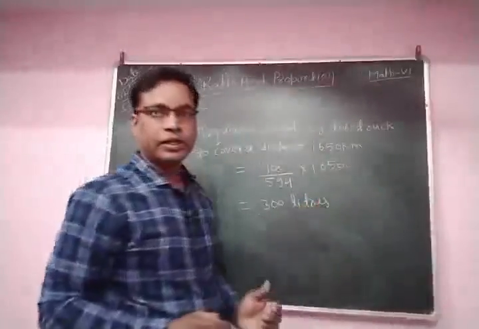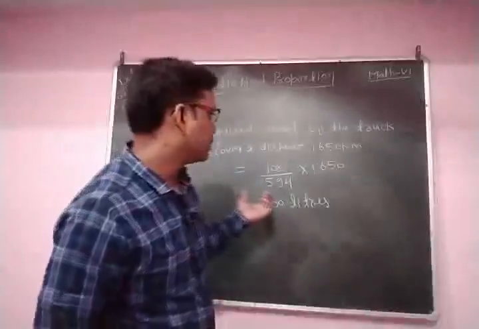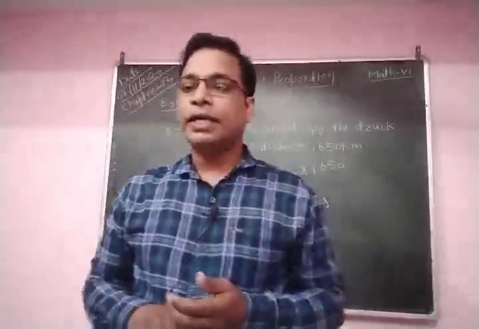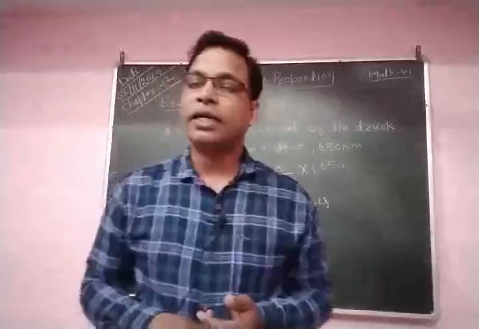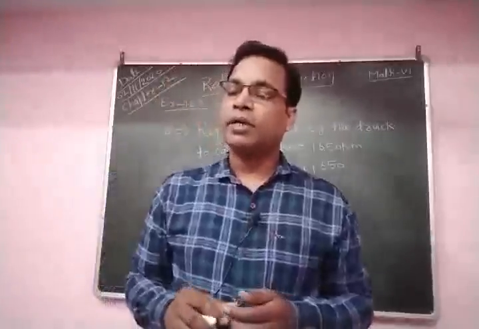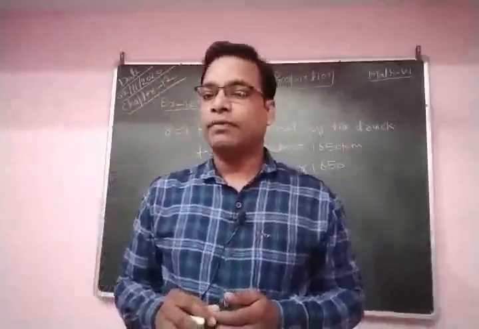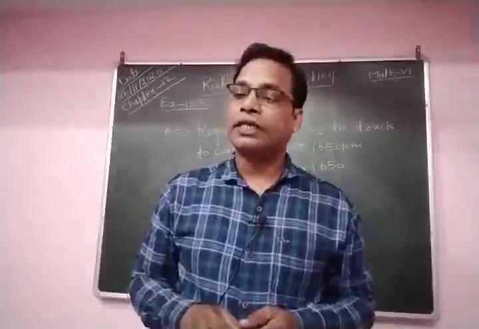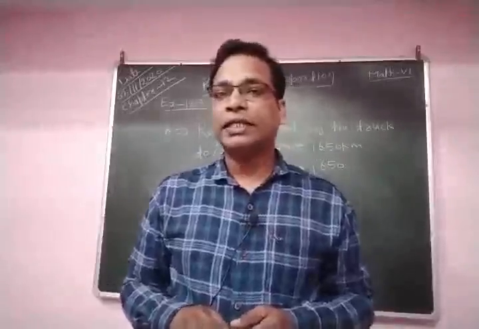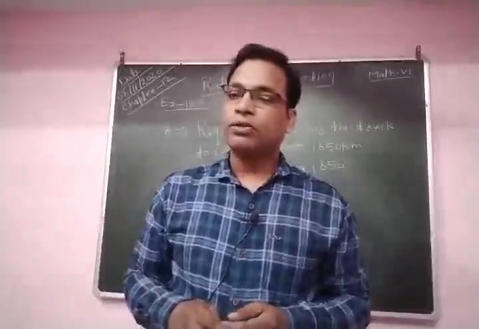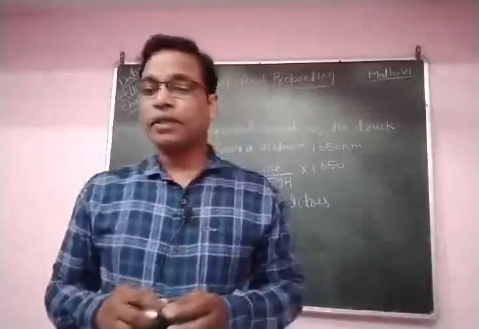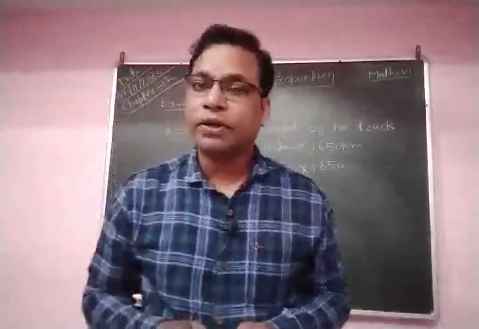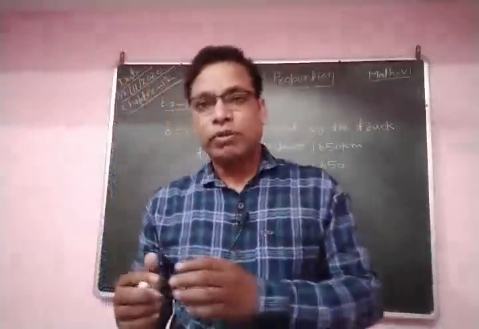Students, in this question you can see it is given that a truck requires 108 liters of diesel for covering a distance of 594 kilometers. How much diesel will be required by the truck to cover a distance of 1650 kilometers? So first we write the diesel required to cover the distance of 594 kilometers is equal to the given 108 liters.